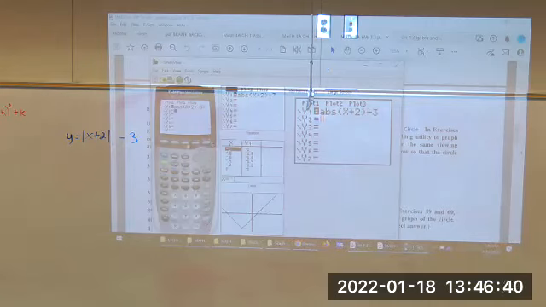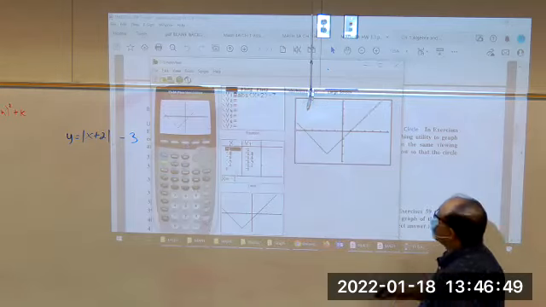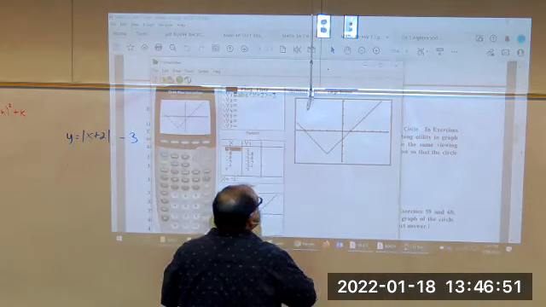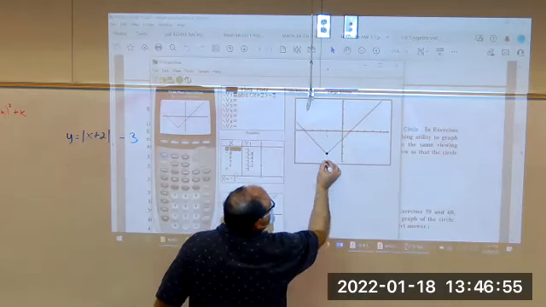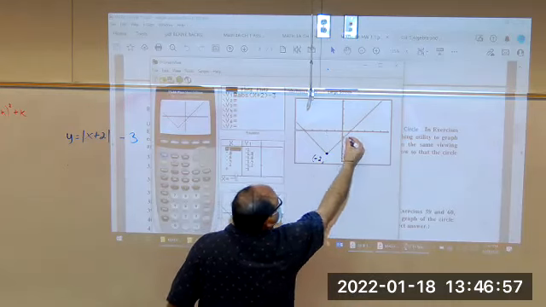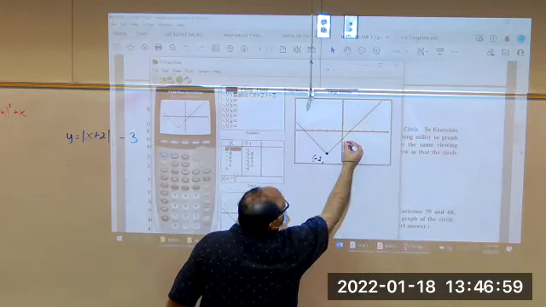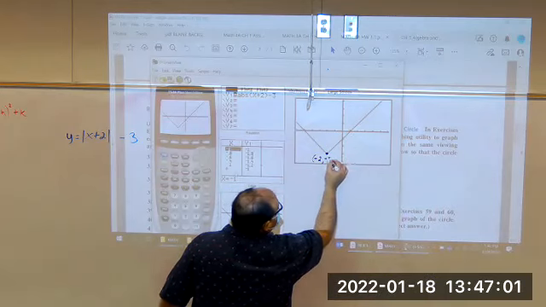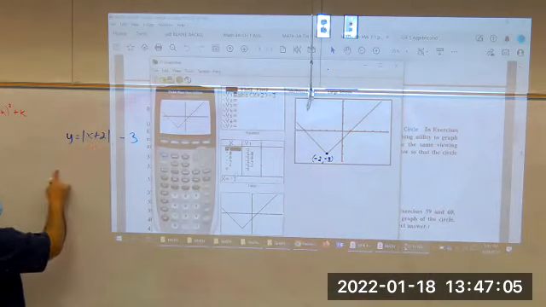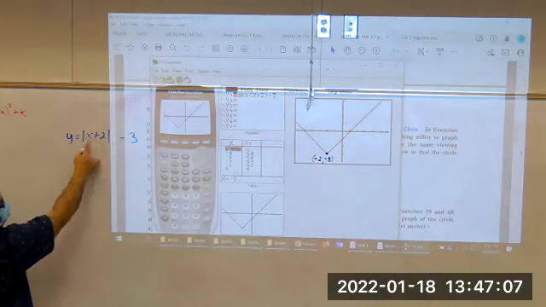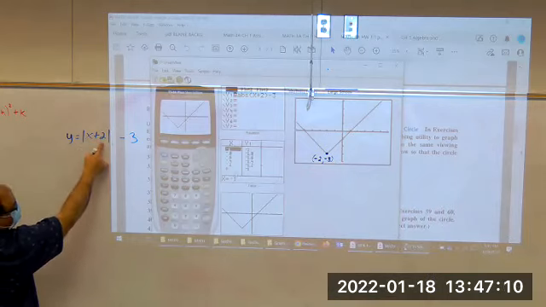And we hit enter. And then I go to my graph. As you can see, the vertex of my graph is over here at -2 for the x, and the y coordinate, 1, 2, 3, is at -3. Inside the equation, we don't have -2 with the x, it's x plus 2.